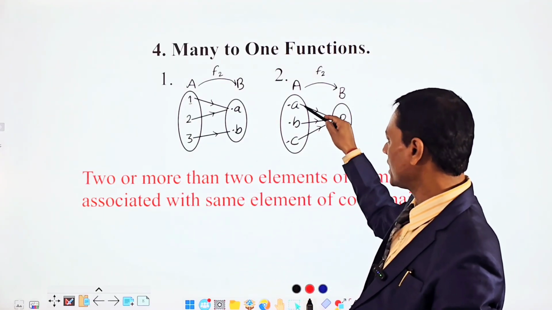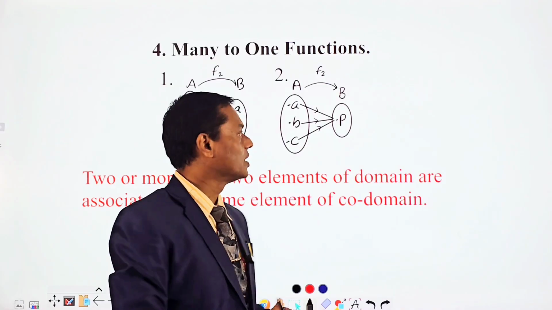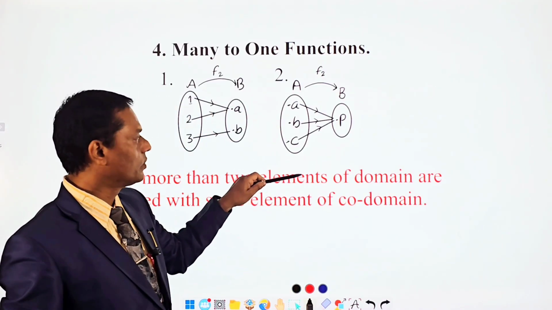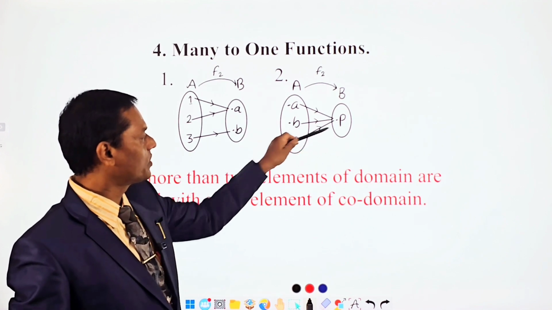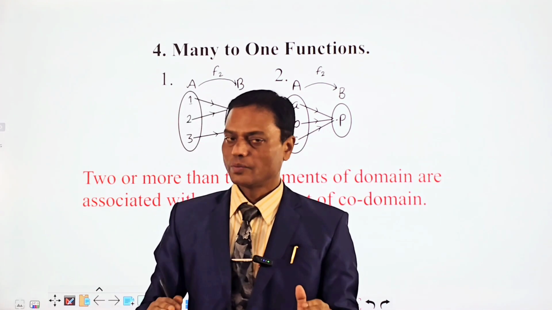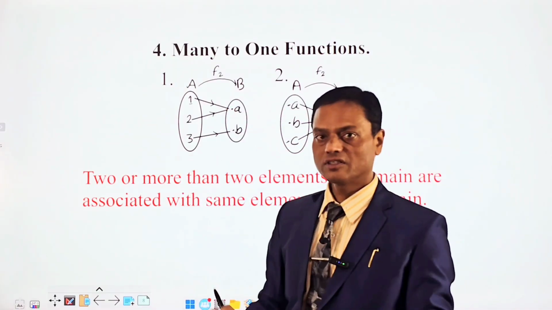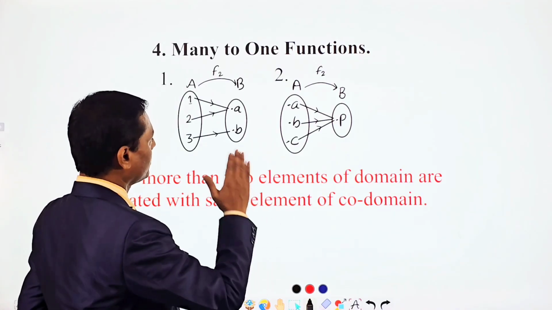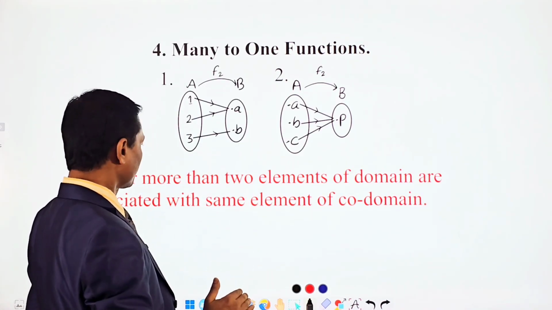Here also you can see that all the elements of the set A have only one image in the set B: A to P, B to P, C to P. Such type of functions are called many-to-one functions, and they don't have an inverse, so we cannot find the inverse of many-to-one functions.